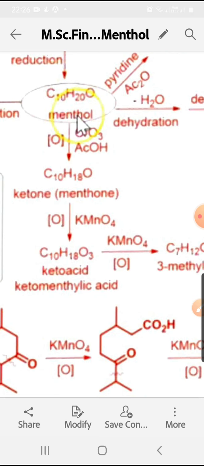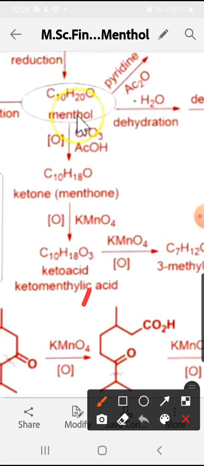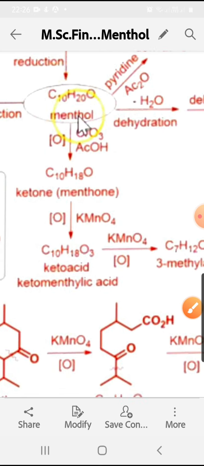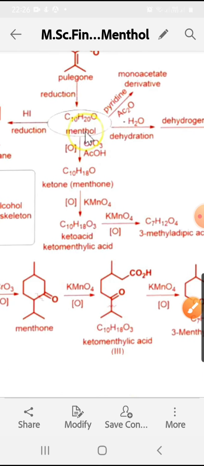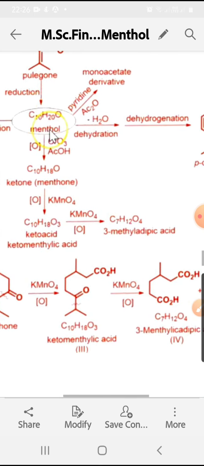Menthol, on oxidation with chromic acid, forms menthone, which on further oxidation with KMnO4 leads to 3-methyl adipic acid.